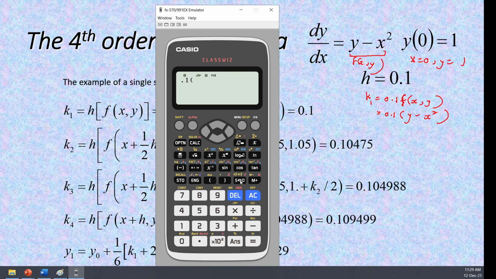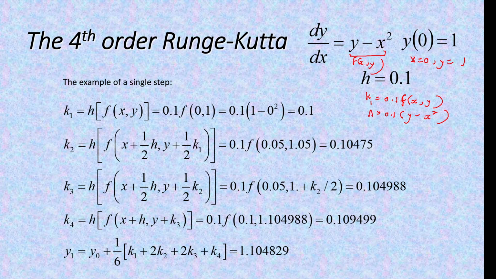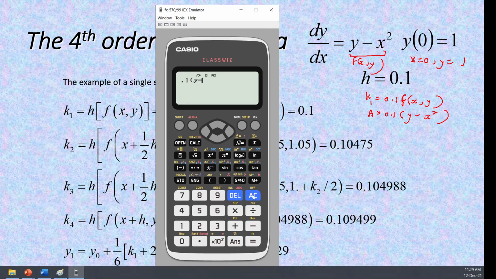We have y minus x squared, and you can name this one as a. Then later on, you no need to key in a, b, c, d again. Since we want to denote k1 as a, I'll name it a equals.